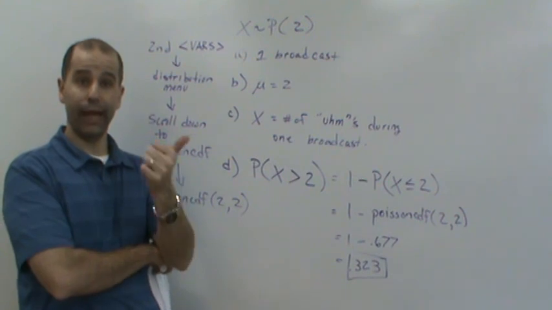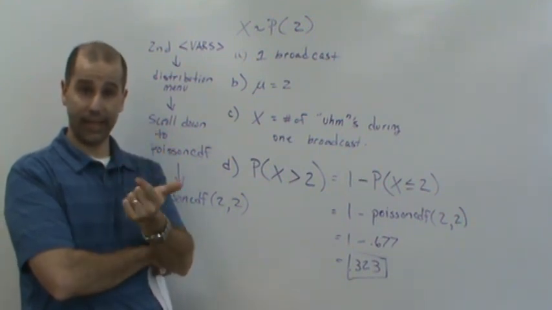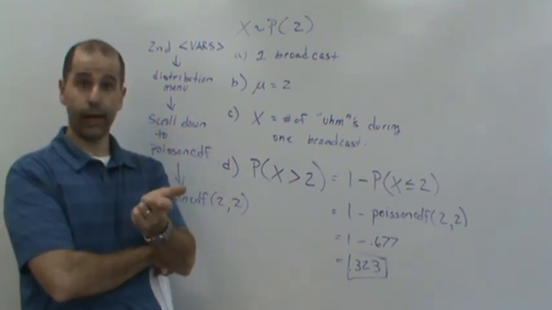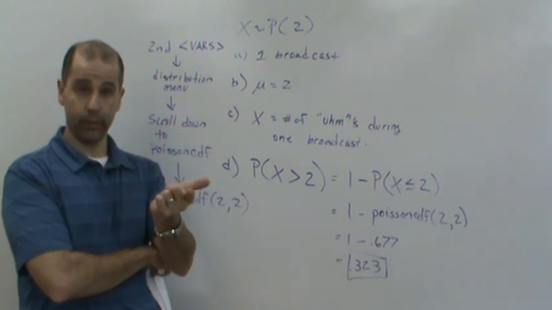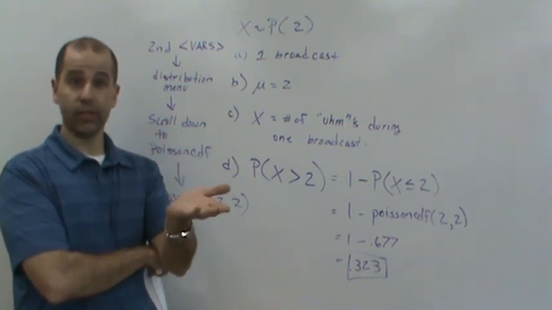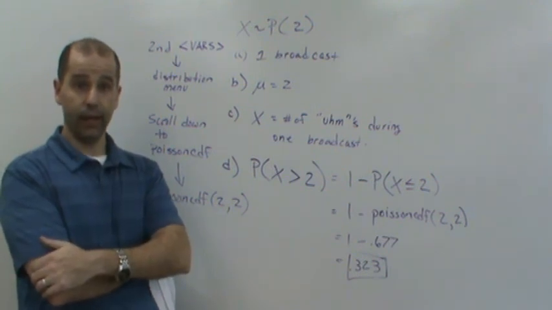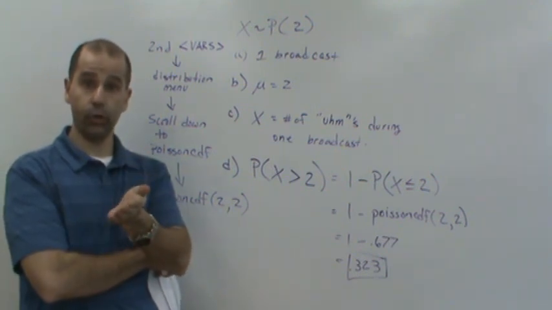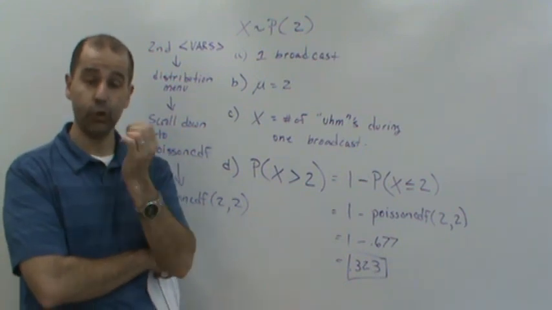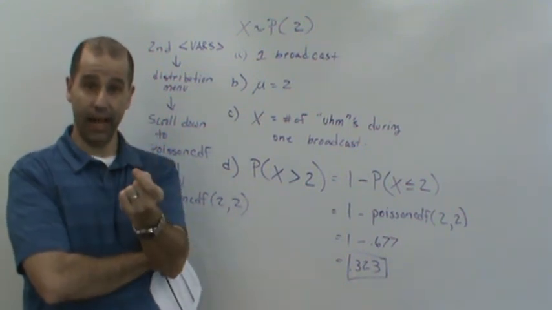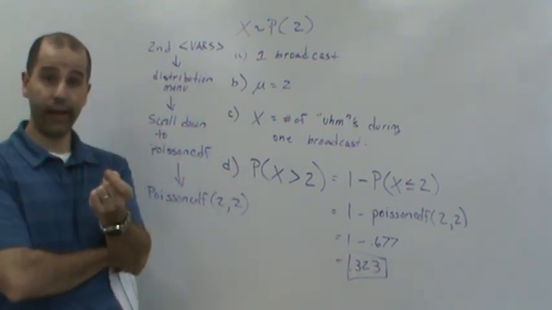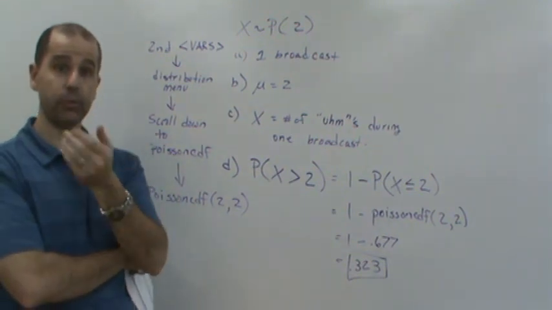So mu and the variance are always the same for a Poisson random variable or a Poisson experiment. And then you just take the square root of mu to get the standard deviation. And then mu also is just n times p if you know the probability of success or the probability of an event. Okay, it's just n times p.